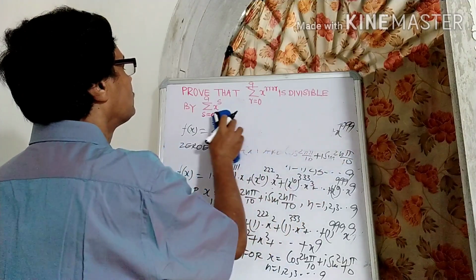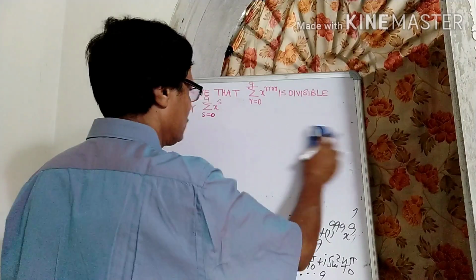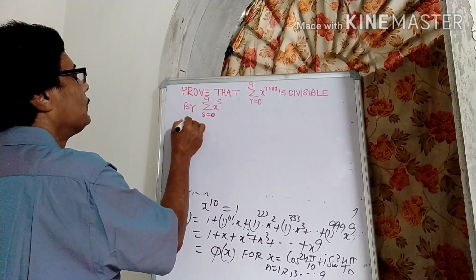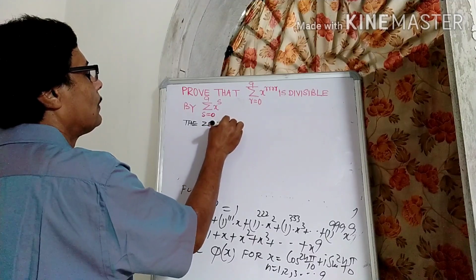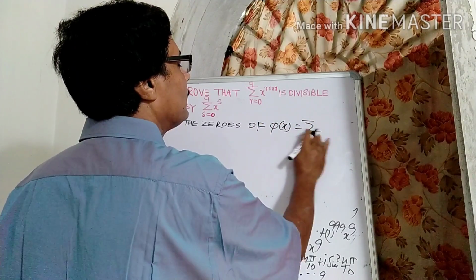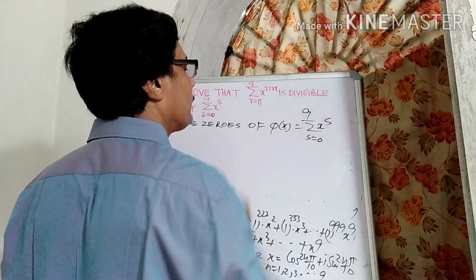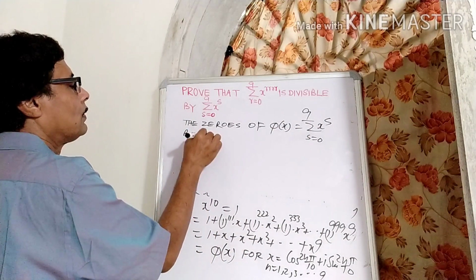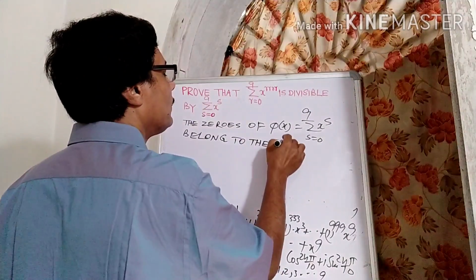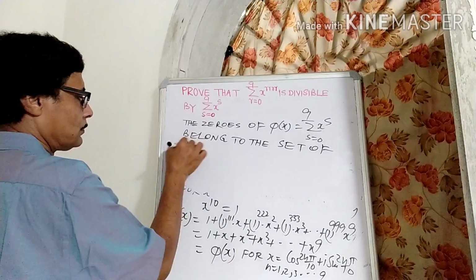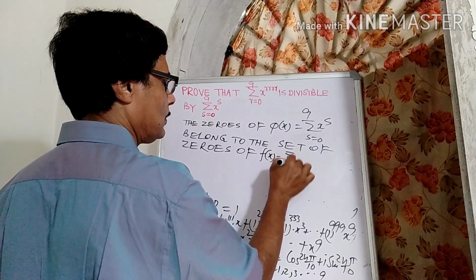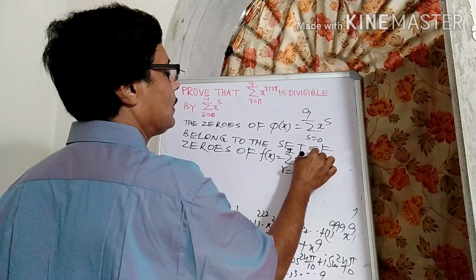So we can conclude that the zeros of phi(x) equal to summation s equal to 0 to 9 x to the power s belong to the set of zeros of f(x) equal to summation r equal to 0 to 9 x to the power r.